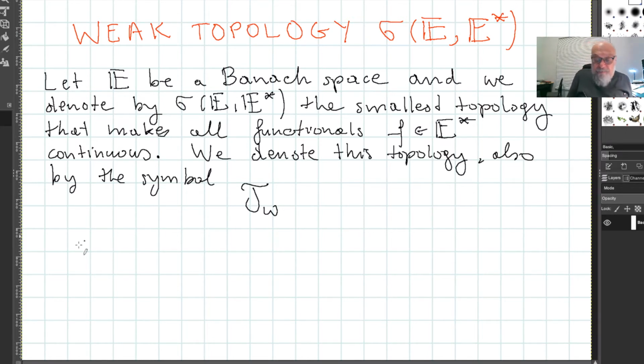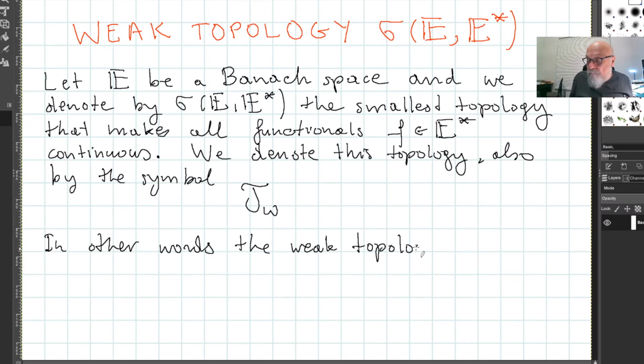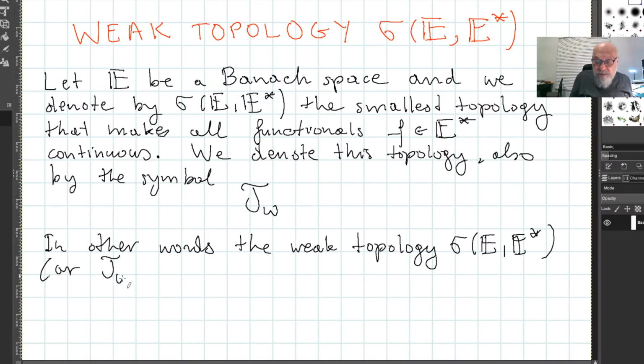So in other words, the weak topology sigma(E, E star), or I'm just writing it in another notation as tau W.